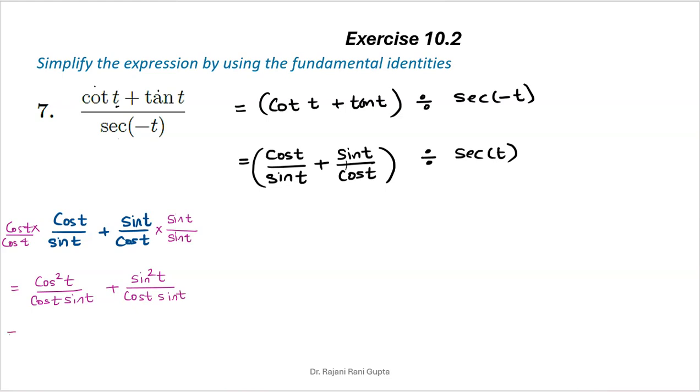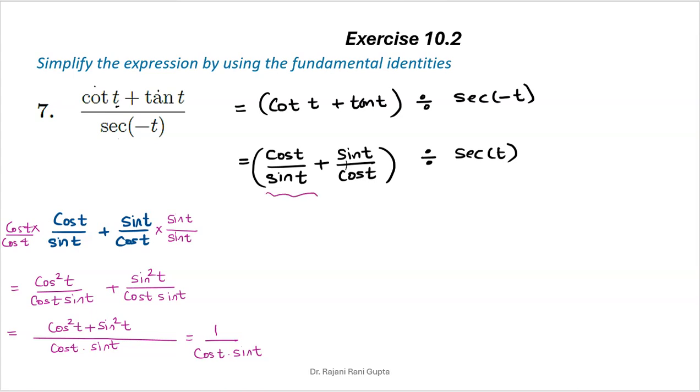So the denominators are the same, so you can write it as cos of t times sin of t. And what will you get in the numerator? Cos square t plus sin square t. Now, what is the value of cos square t plus sin square t? Yes, it's 1. So it is 1 over cos of t times sin of t.